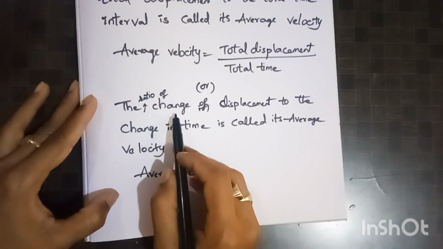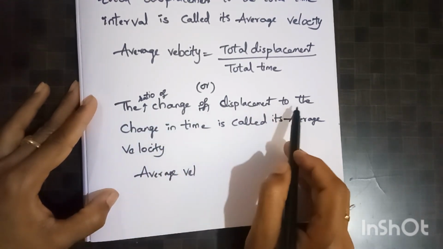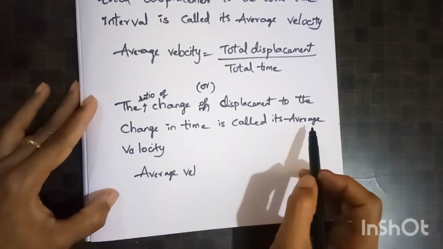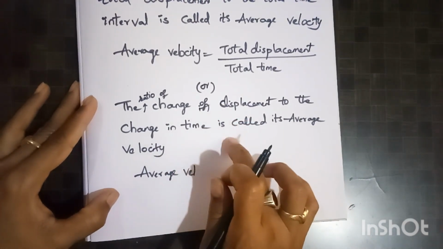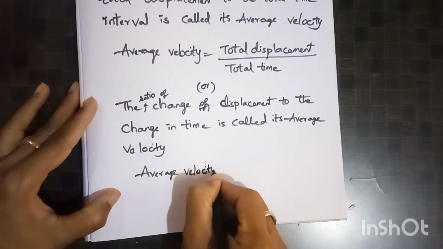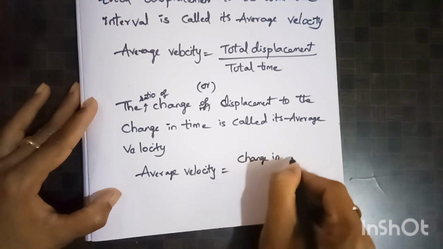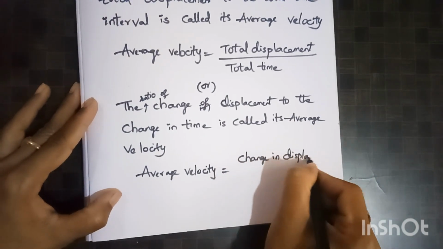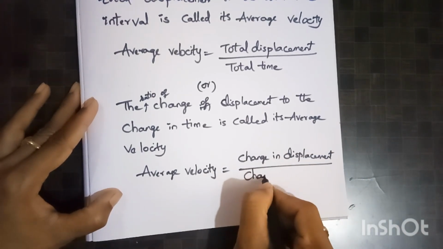There is one more definition based on average velocity, that is the ratio of change in displacement to the change in time is called its average velocity. We can write this definition in mathematical terms, that is average velocity is equal to change in displacement by change in time.